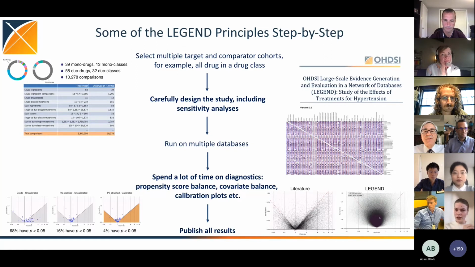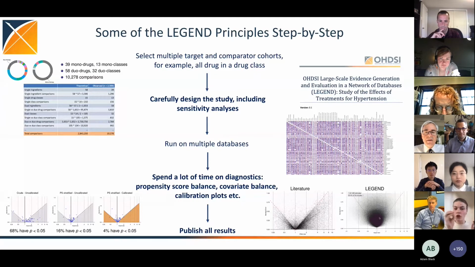You really want to spend a lot of time on designing your study. You would like to make sure that you account for all of the potential sources of bias at the design stage. You probably want to come up with multiple sensitivity analyses, with an easy example being as treated and intent to treat.